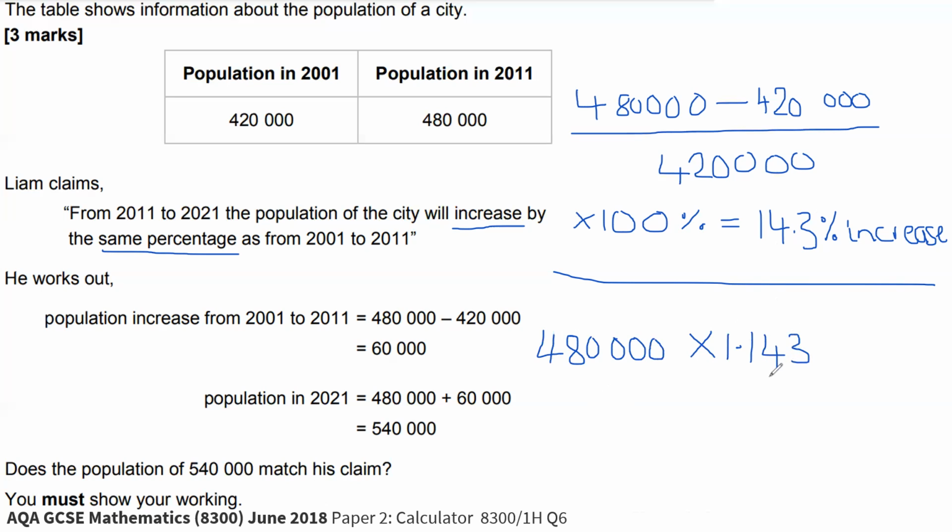Remember, this is 14.3 as a decimal, and then we need to have it as 1 point something because it's an increase. We start with 100%, which would be timesing it by 1, and then we're adding on the 14.3%, which is where we've got this 0.143 from.